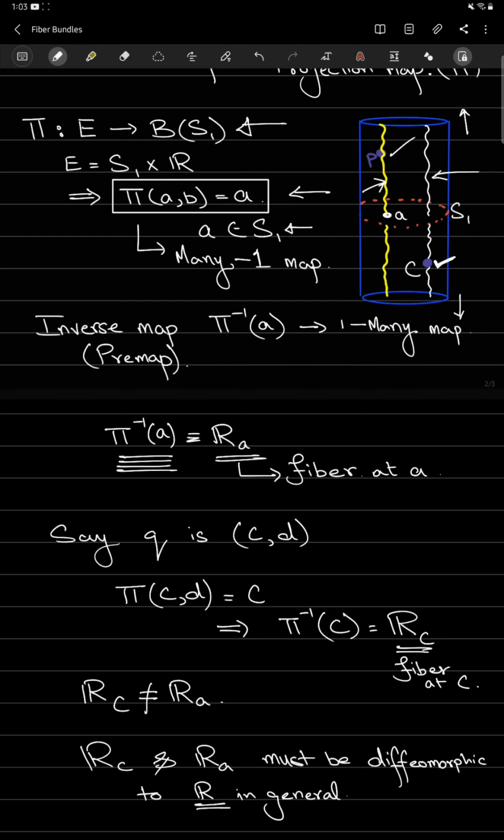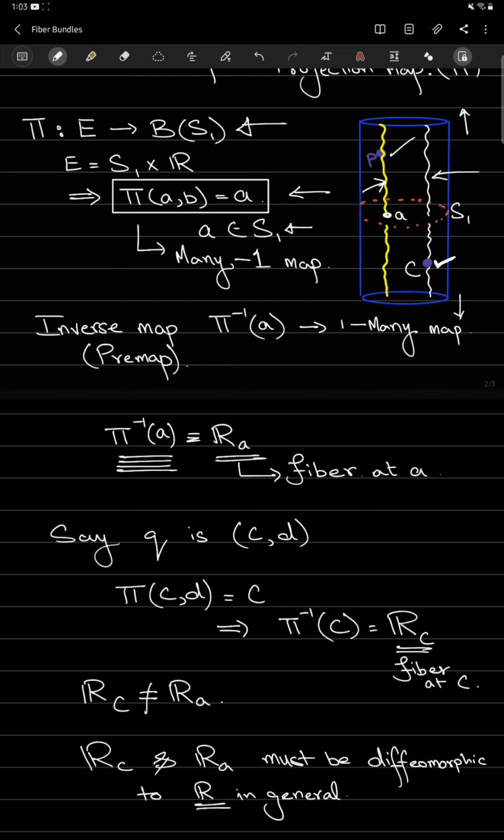There are more sophisticated cases that are not so trivial and not so easily seen as in this case. For example, you could think of a sphere and what could be the fibers in that sphere, what would be the base space, and so on. That's a healthy exercise for you to do.